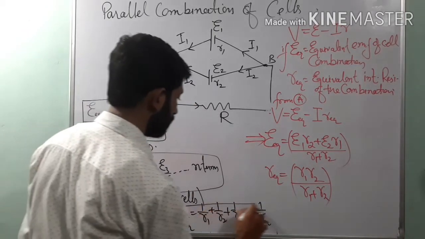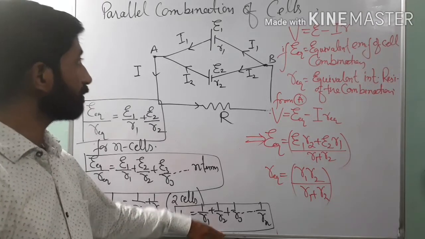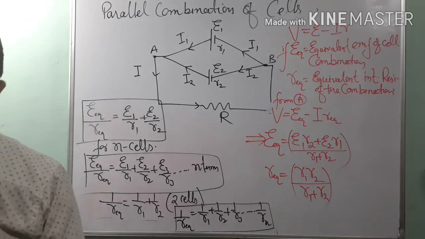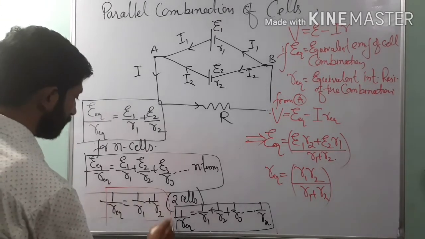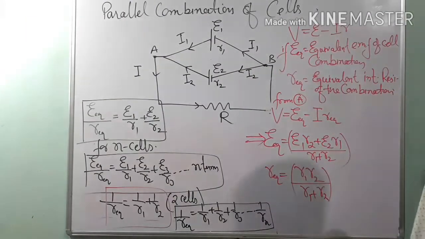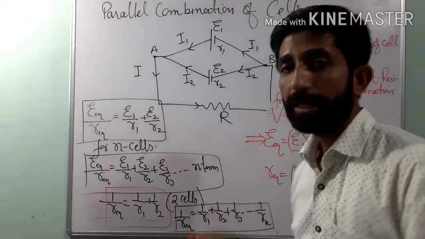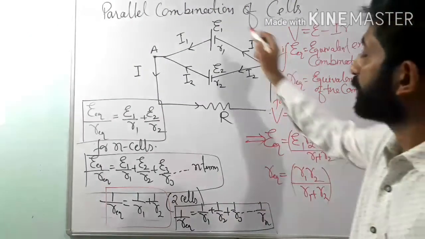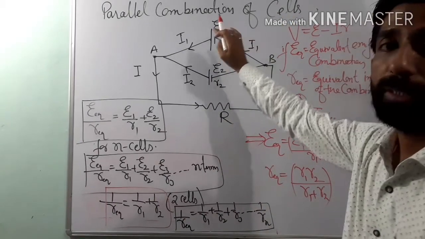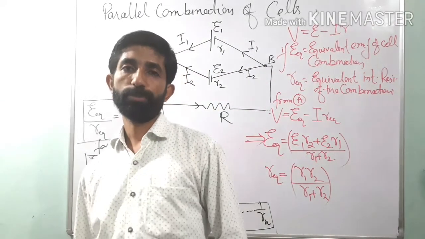So this is the resultant equivalent resistance for the n cells in parallel combination, and this is for two cells. I think these calculations have been simple so far, and you must be getting every step. Okay, now we shall go to the idea, what if the cells are identical? Means EMF of each and every cell is the same, and internal resistances of these cells are equal to each other.